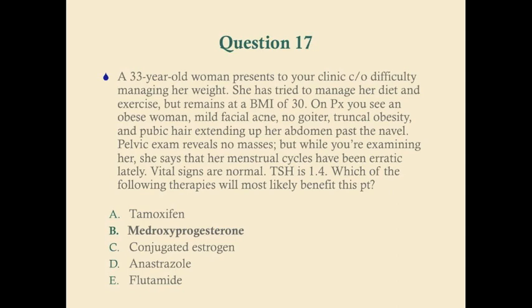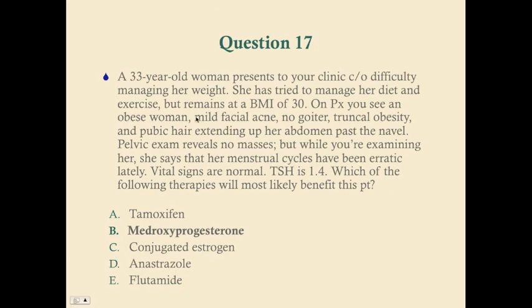By androgenizing signs, I mean things like acne, things like hirsutism, truncal obesity, and by menstrual cycle erraticness, I mean either amenorrhea or oligomenorrhea. So she's not getting her period ever or no more than every 6 weeks.